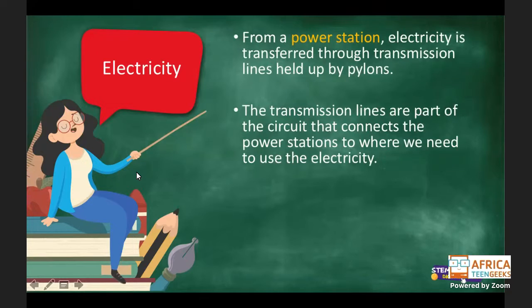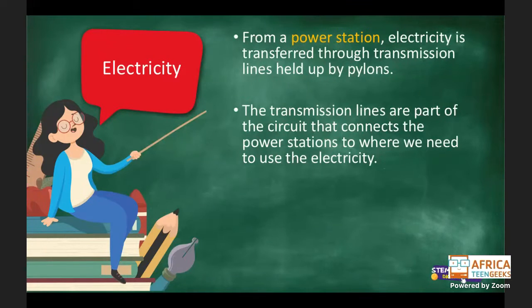Then let's go through this one on electricity. From a power station, electricity is transferred through transmission lines held up by pylons. As you have seen in the previous slide, electricity was coming from a power station and was transferred through those three pylons.